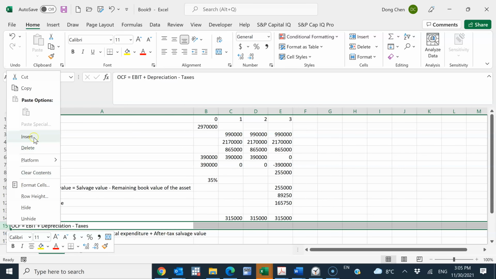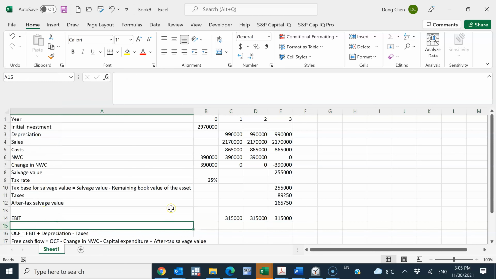So now, in general, taxes will be based on EBT, right? Because EBIT is earnings before interest and the taxes. And then we should further deduct interest from EBIT to arrive at EBT, which is also called taxable income. So taxes will be generally based on EBT.